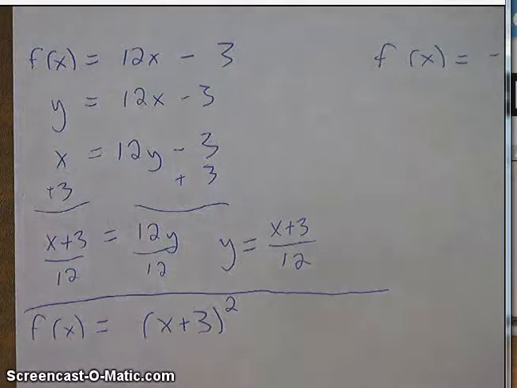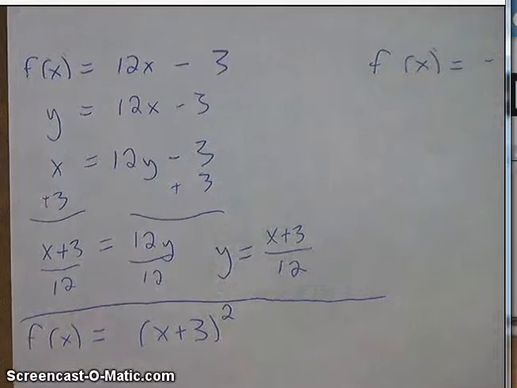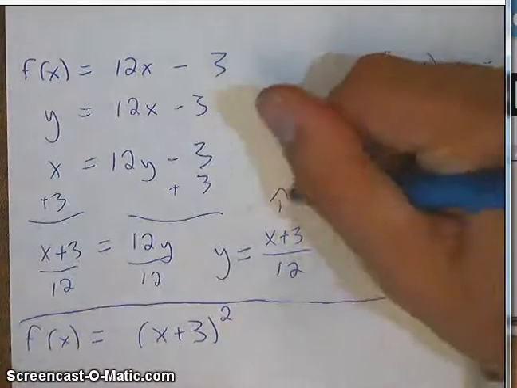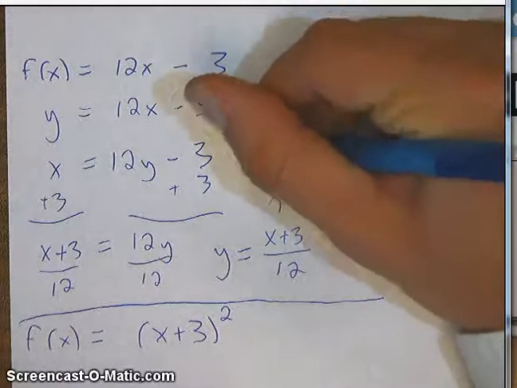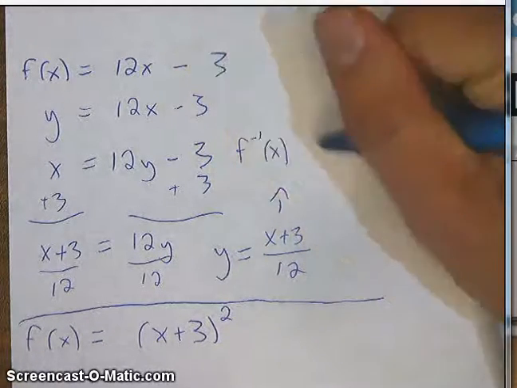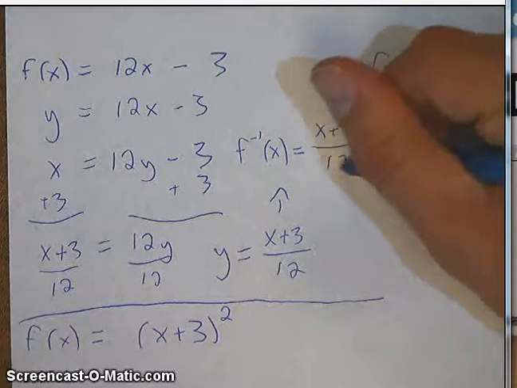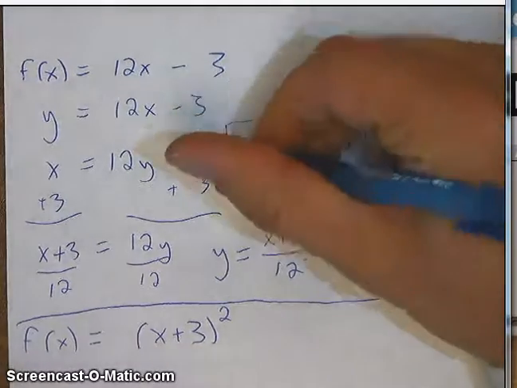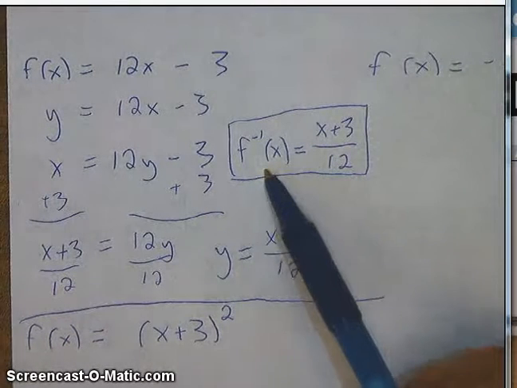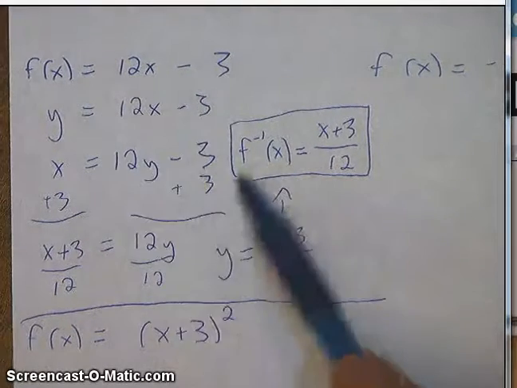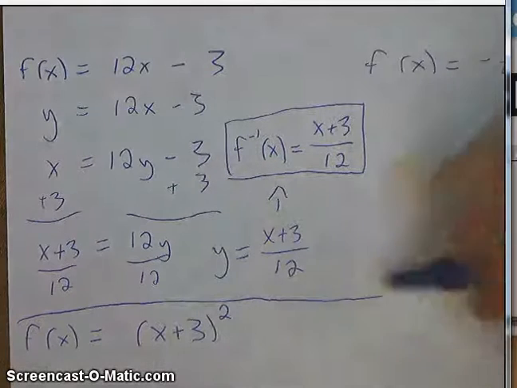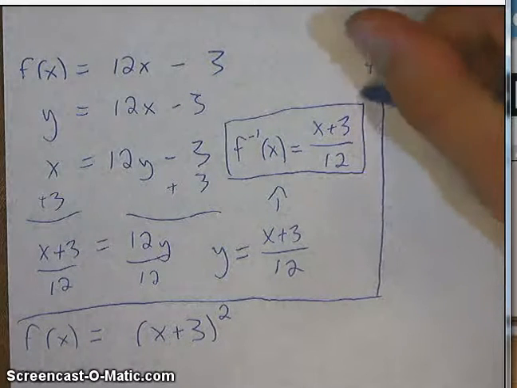So you take the y out and you write it in function notation. So the last step here is to make this f inverse of x equals x plus 3 divided by 12. That's the inverse. This little symbol here is just function notation, which tells me it's the inverse of the function. And this is the very last step. That's the last thing you need to do, is put it back into function notation.